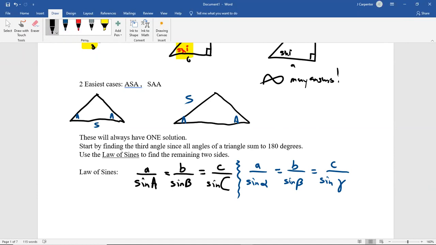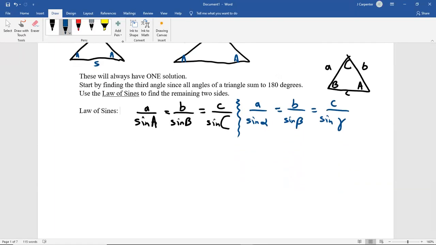So again, for our standard triangle, if this is side A, this has to be angle A. If this is side B, this has to be angle B. If this is side C, this is angle C. But I really don't like doing that because capital and lowercase c's look the same.